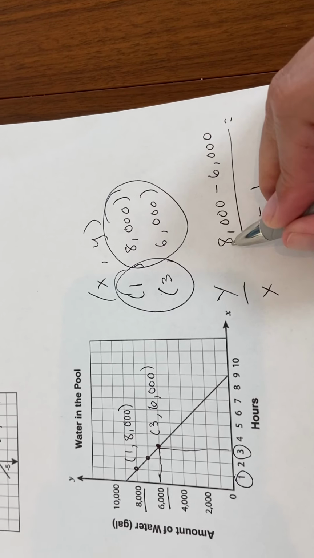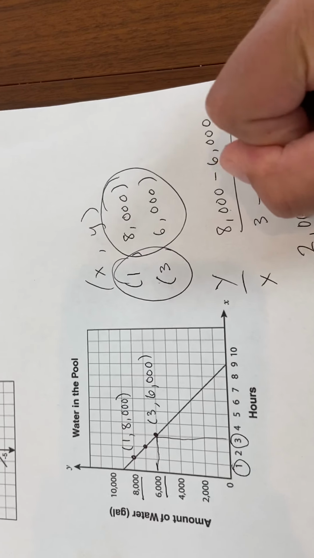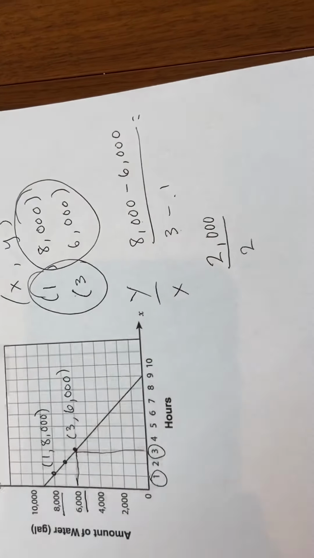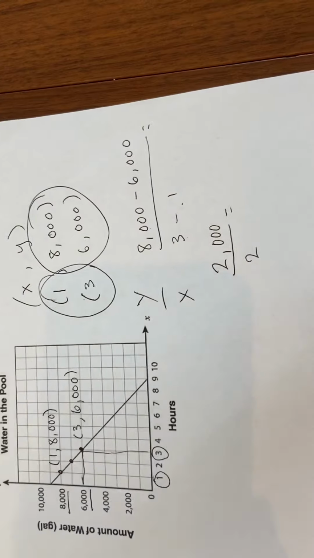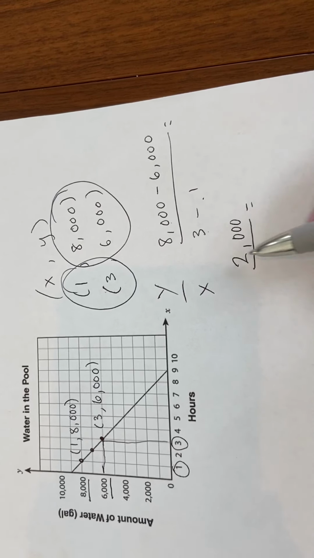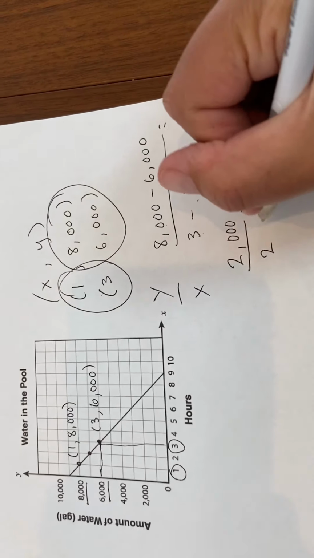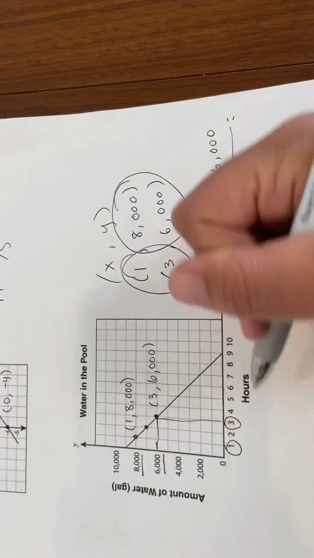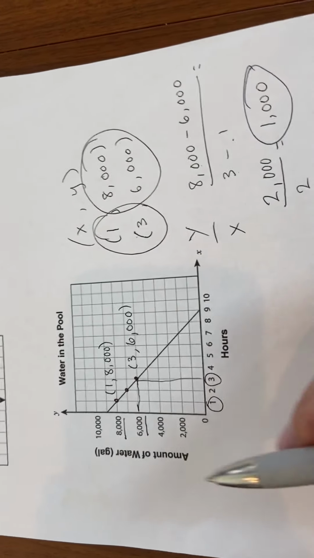So 8 minus 6 is 2, and we're going to keep the 1,000. 3 minus 1 is 2. Now I just need to simplify because both the top and bottom are even, so I can divide that out. 2,000 divided by 2 is 1,000. So my rate, my slope, is 1,000.